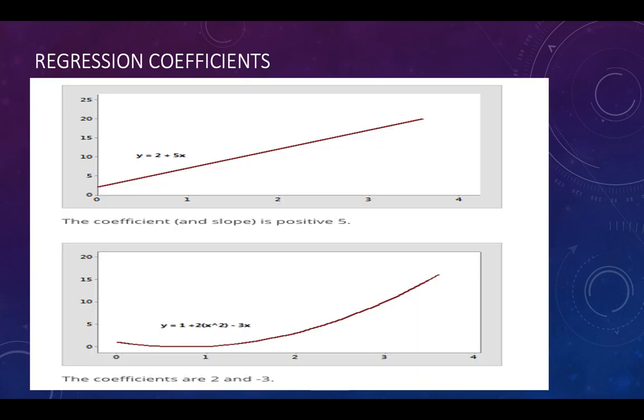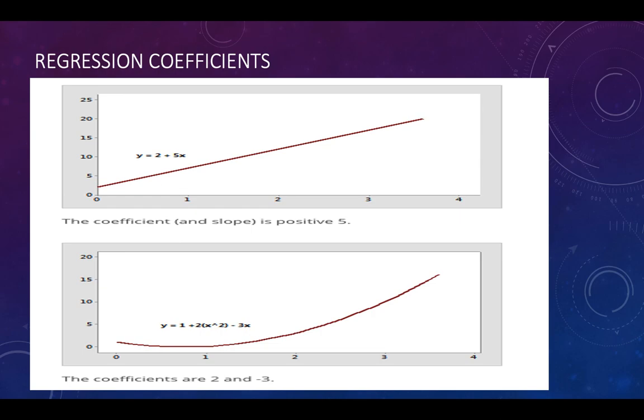Let's do one small example. Here you can see I took input and output values and plotted a graph. Suppose I took y equal to 2 plus 5x. If x is equal to 0, then y equals 2 plus 5 into 0, so obviously it will be 2.